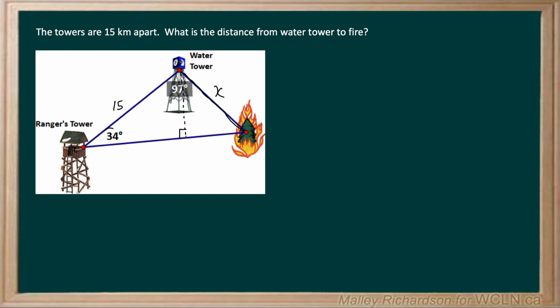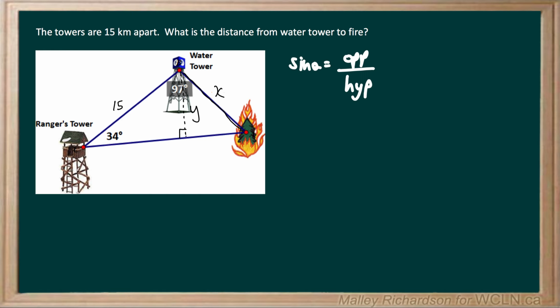So as you can see, we have our angle and we have a side length. So using these two, let's solve for our height. Let's label our height as y in the picture. So to solve for y, let's use sine, because sine theta equals opposite over hypotenuse, where our hypotenuse is 15 kilometers and our theta is 34 degrees.